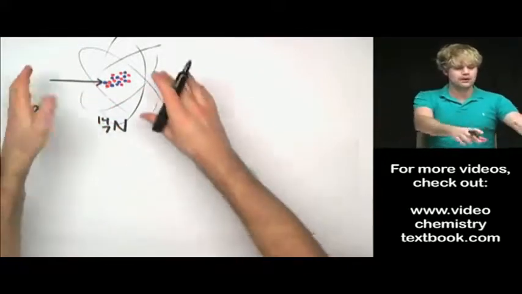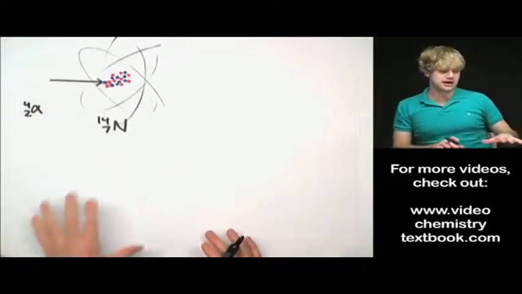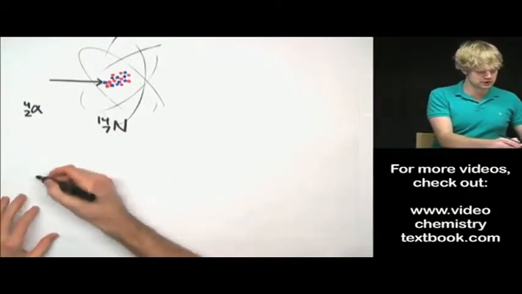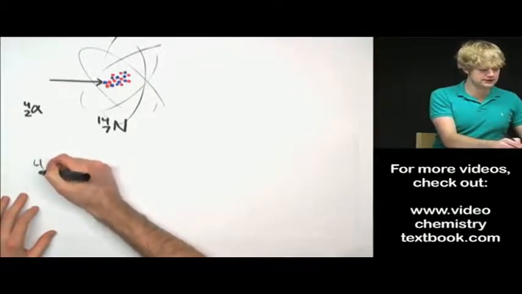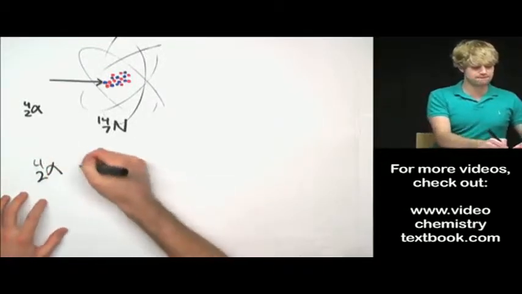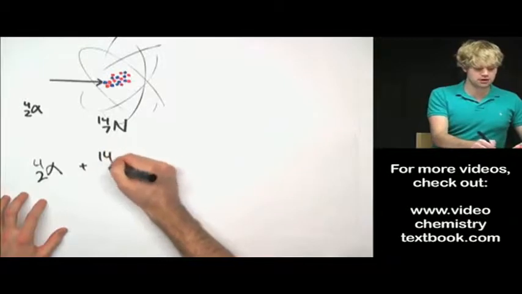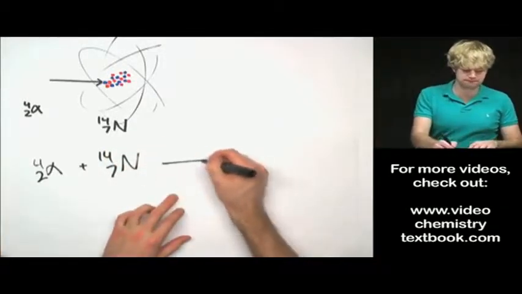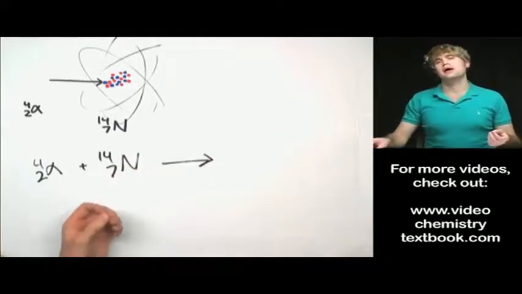Okay? So I want to write this as an actual nuclear equation instead of just using the diagram. So here's what I do. I'd write it as 4,2 alpha plus 14,7 nitrogen. Okay, that's no big deal. But now let's look at what we get out of this.